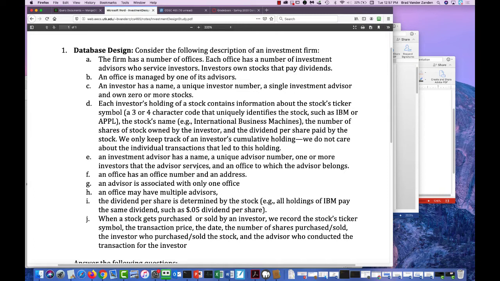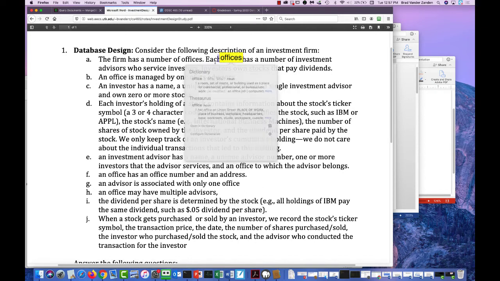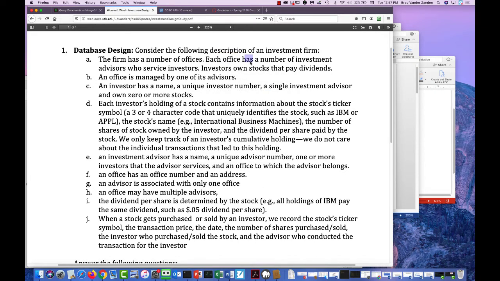Okay, and an office to which the advisor belongs. Okay, so up here each office has a number of investment advisors. What you may not have realized was not only was that defining a relationship, but it was giving us some multiplicity information. Each office has a number of investment advisors, so that's certainly giving us cardinality, which is maximum number.